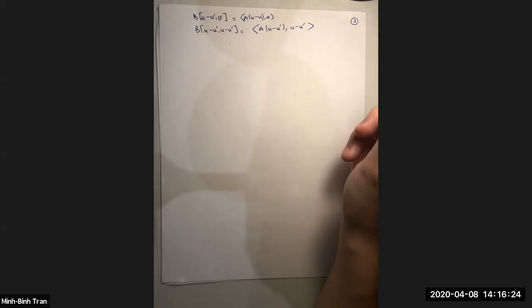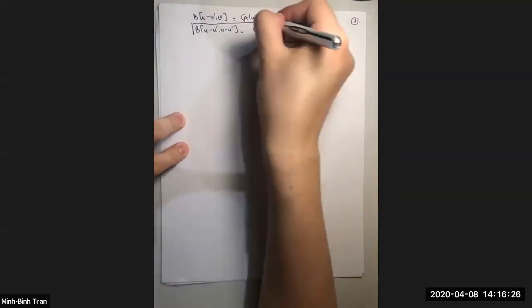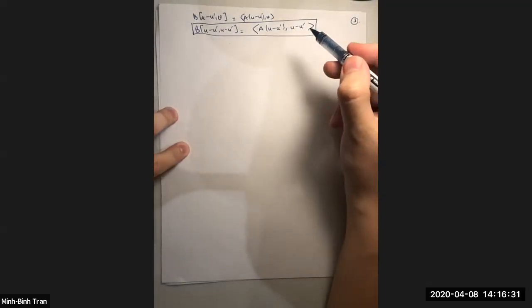So what other information can I extract from this identity?